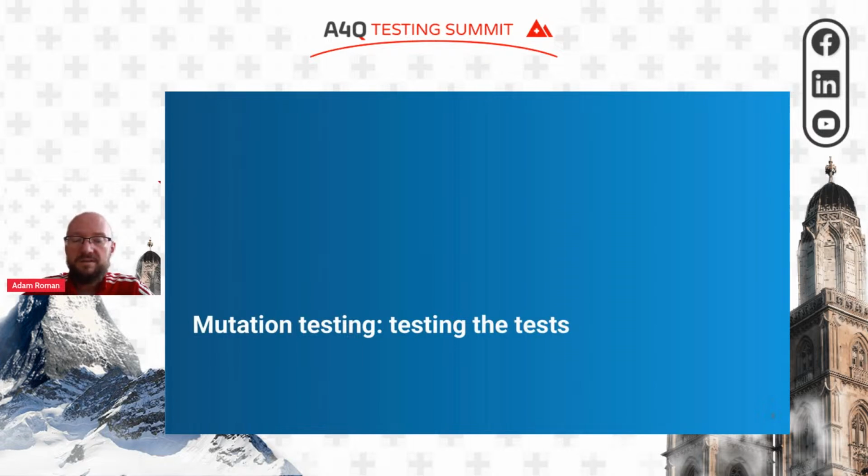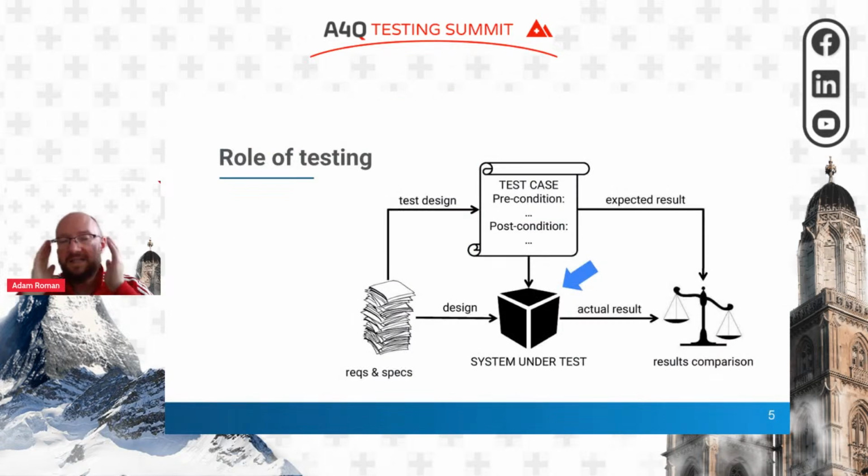So what is mutation testing? In a classical test approach, let's say in typical black box testing, we have the system under test. We have some specifications, some requirements, which are the test basis, the base on which we design test cases.